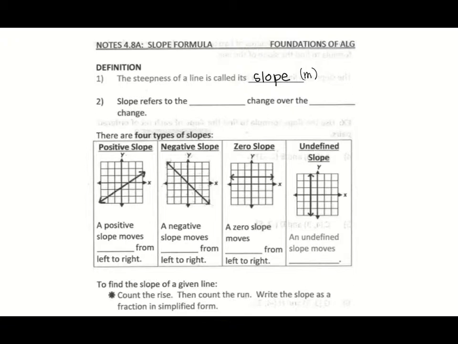And then the second definition is that slope refers to the vertical change, vertical, which is up and down, over the horizontal change, which is left and right.